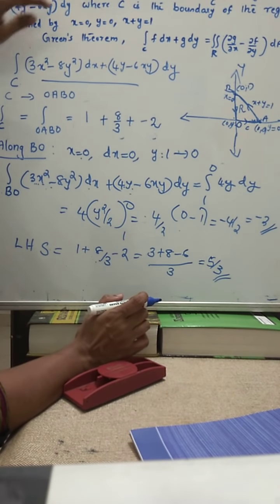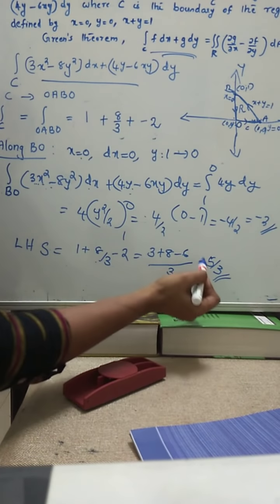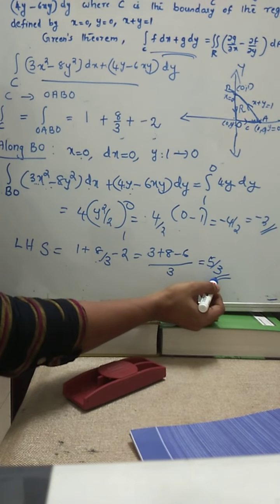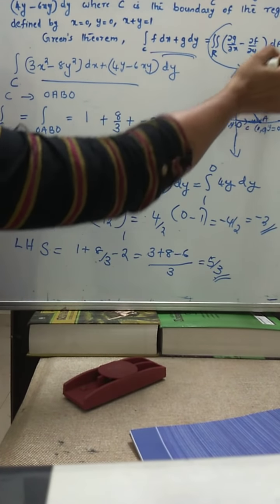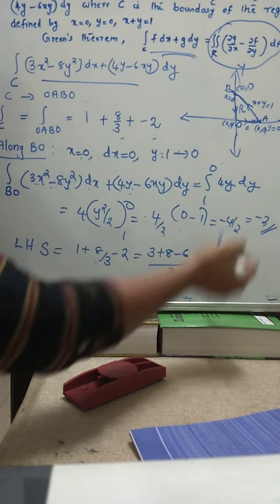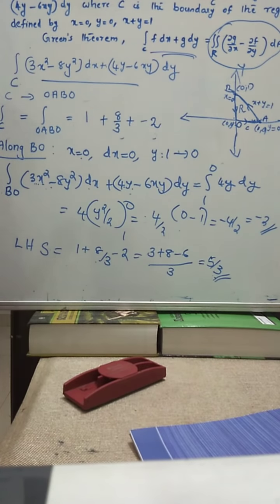So in the verification process we did the left hand side of Green's theorem, and we have got the integral of the function equal to 5/3. Now we have to do the right hand side evaluation, and we show that it is the same answer 5/3, so that the theorem is verified.